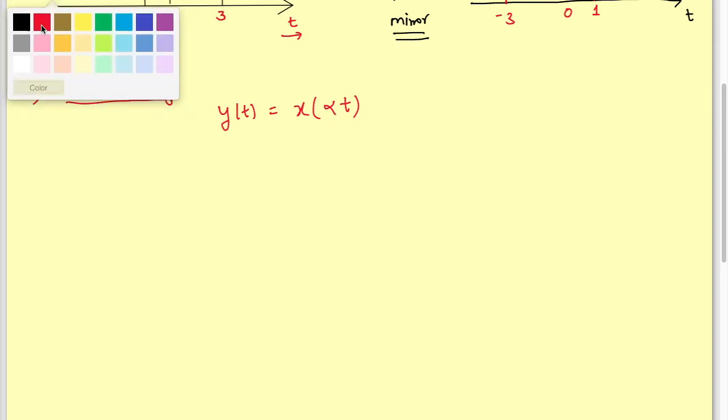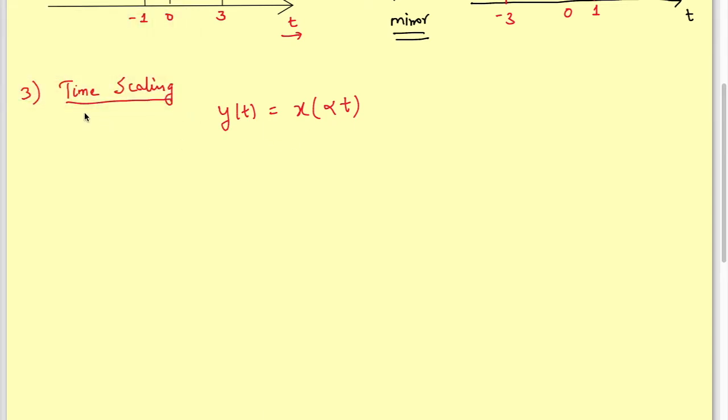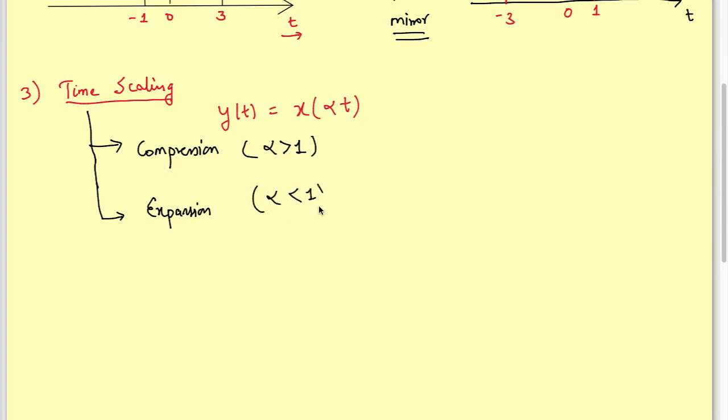So what we are going to do here is time compression or expansion of our signal. Now if alpha is greater than 1, then it is time compression, and if alpha is less than 1, then it is time expansion of our signal.